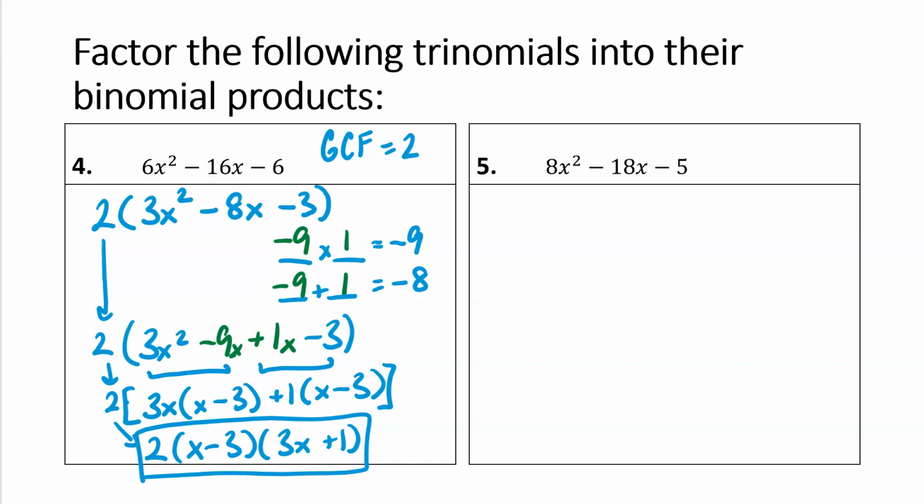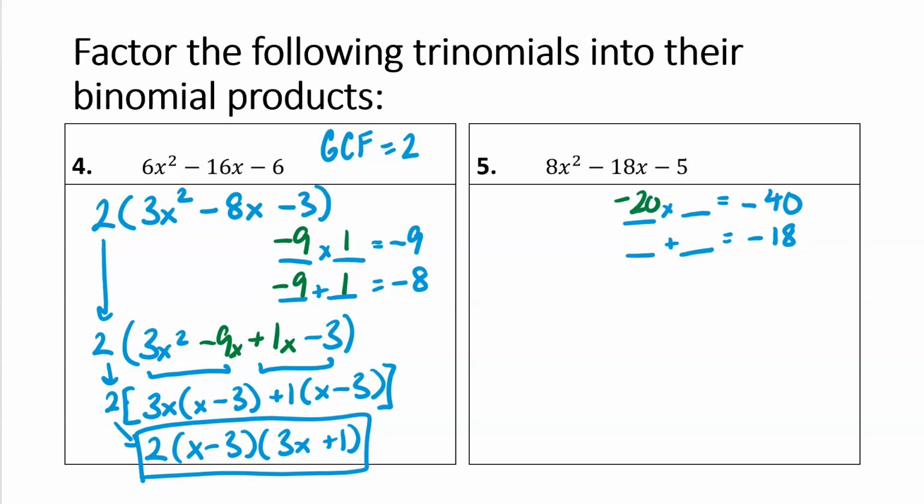Now number 5 doesn't have a greatest common factor. There's no number that divides evenly into 8, negative 18, and negative 5. So we can just jump straight into our process of finding two numbers that multiply to give us 8 times negative 5, which is negative 40. And those same two numbers are going to add to give the middle term, which is negative 18.